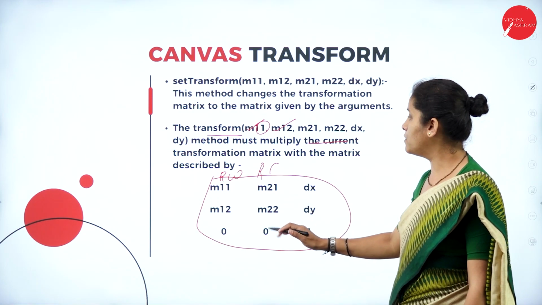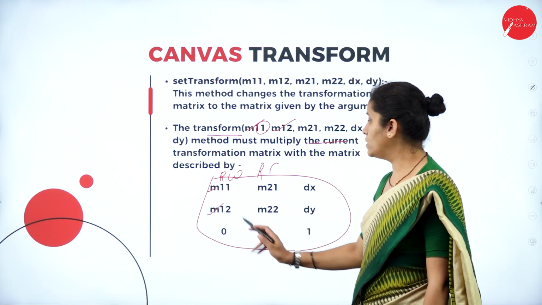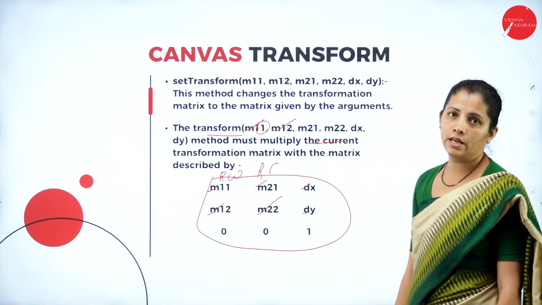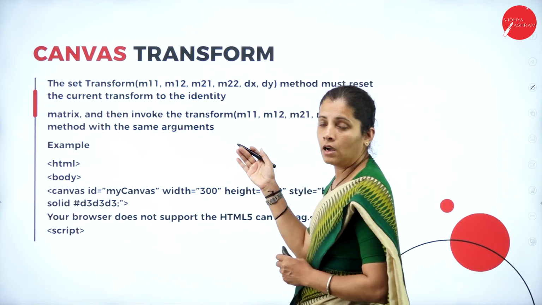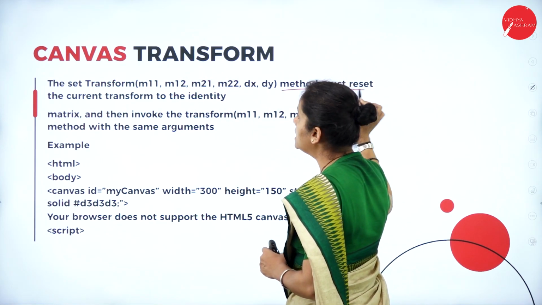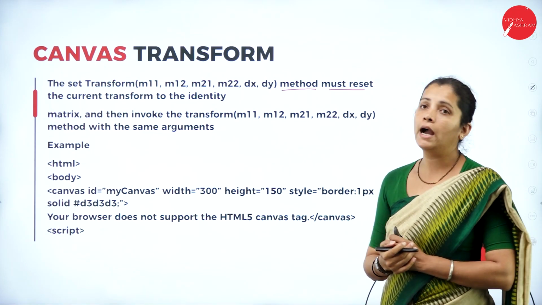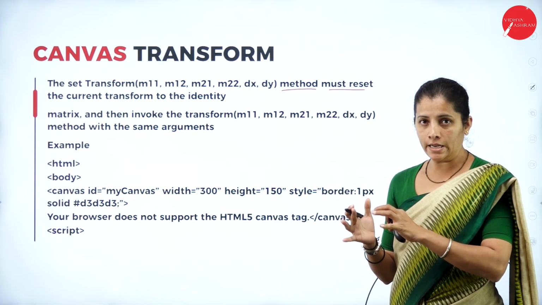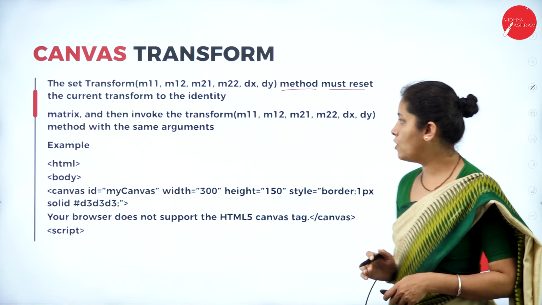So I have the transform matrix initially, that is m11, m12, m21, m22, dx and dy. The setTransform method must reset the current transform to the identity. Suppose I want to set the matrix, then I use the method called setTransform.